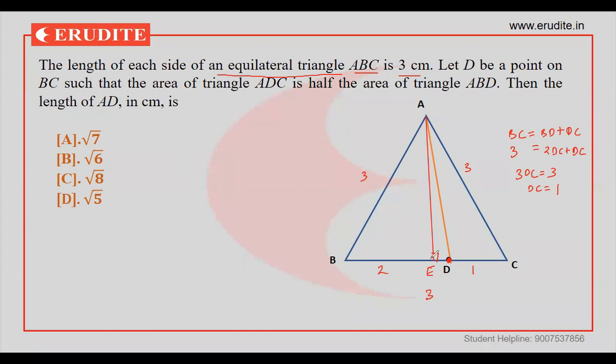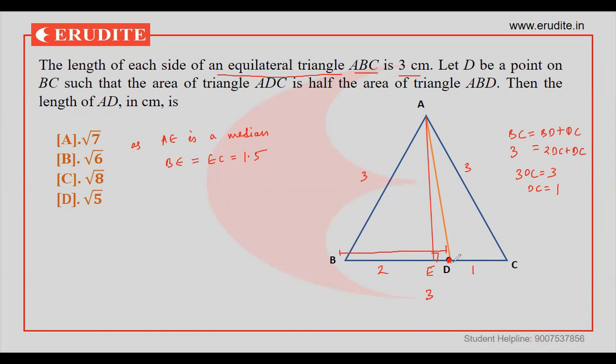So as AE is a median, then guys, BE should be equal to EC, and both are equal to 1.5. This BD is 2, right? So entire is 3, so half is 1.5.